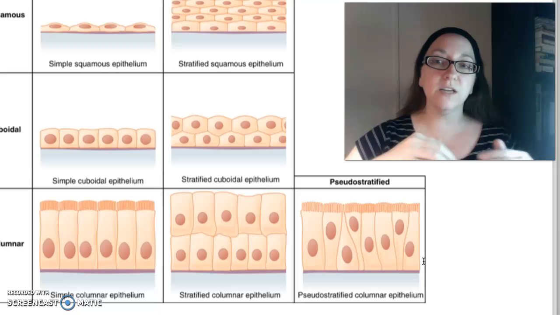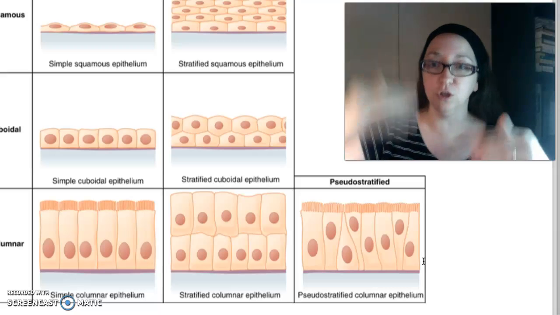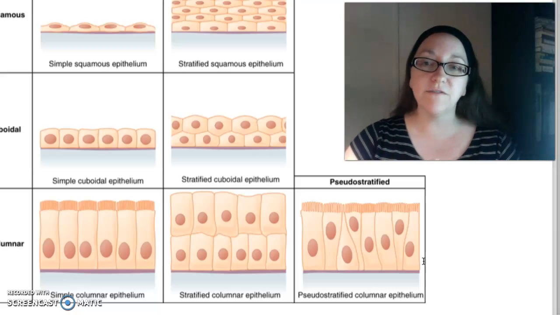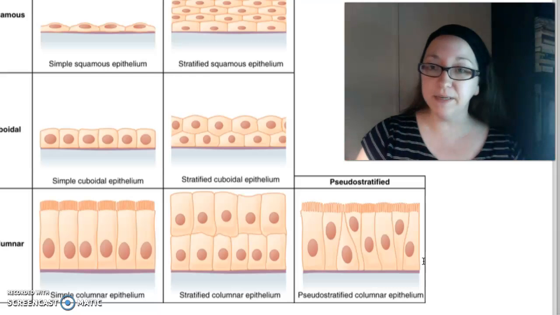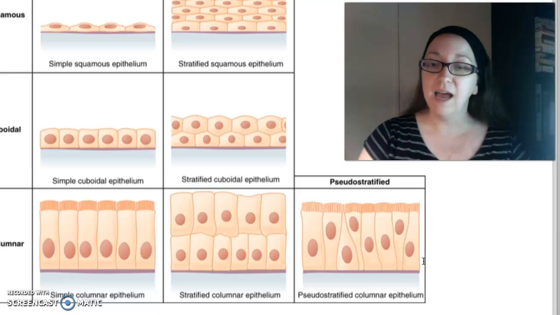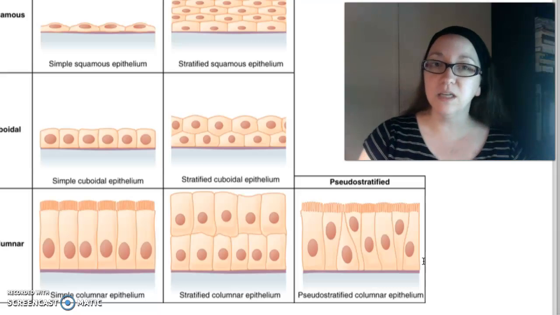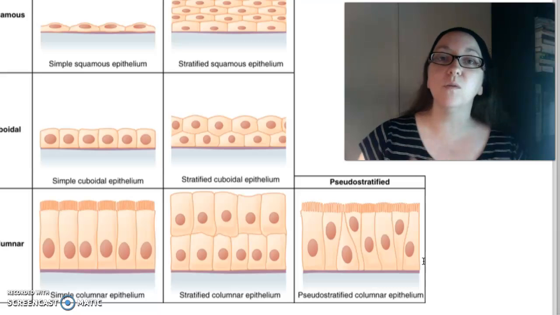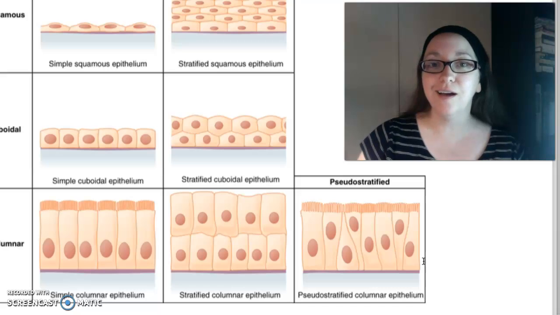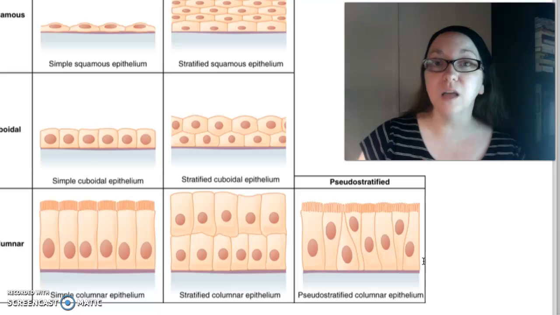If you were looking at just nuclei, you could maybe think they were 2 layers. So pseudostratified are kind of a weirdo in that they are not perfect columns up and down. They're kind of wavy, and the disjointed placement of nuclei can sometimes make you think they are more than one layer when they're actually just one. Okay, so that's kind of a strange one, but it's a special classification of columnar epithelials.